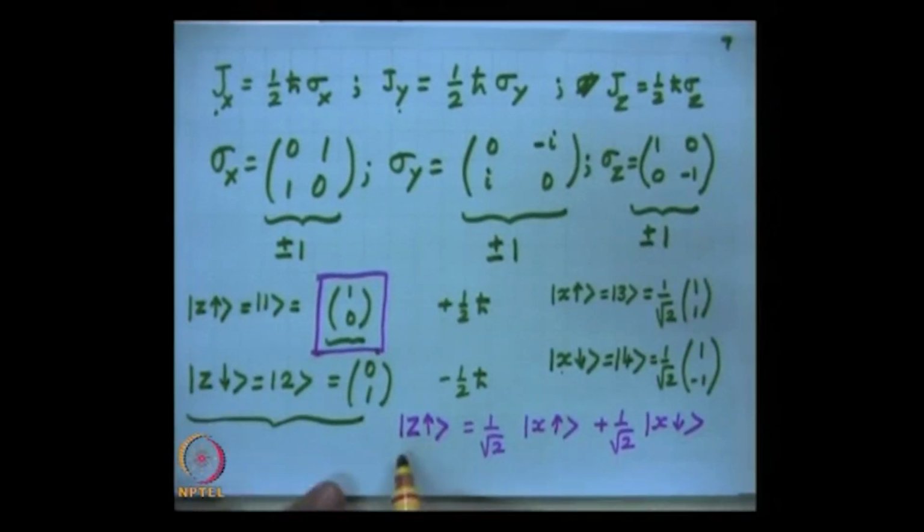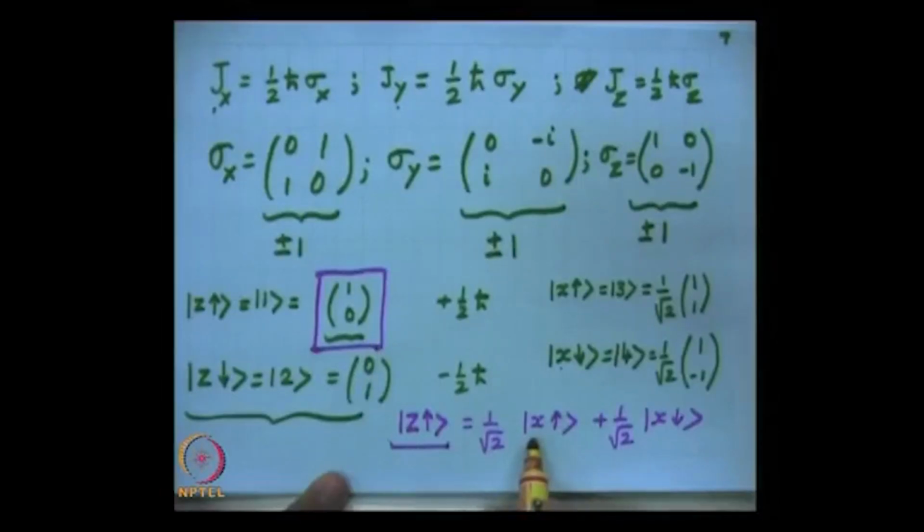So, therefore, the z up state is a superposition of the x up state and the x down state. And this is the beauty of quantum mechanics. This entire concept of superposition of states is a quantum phenomenon.